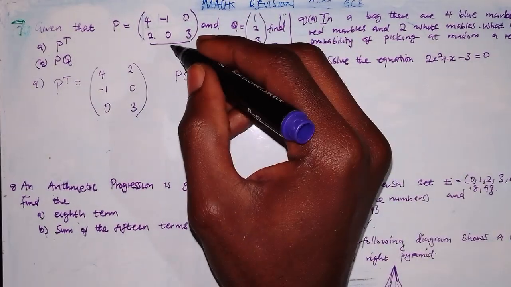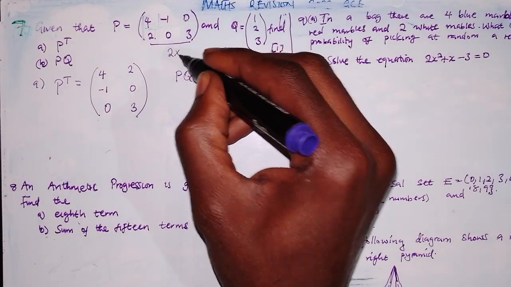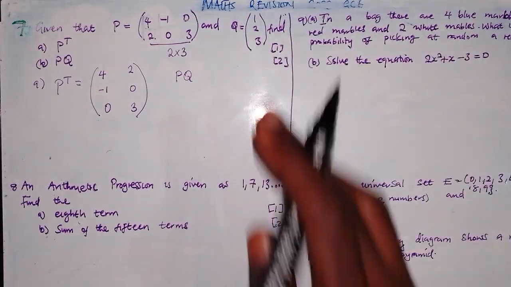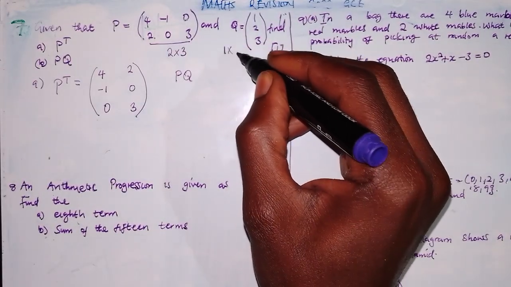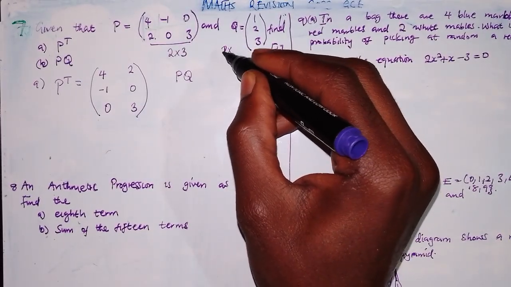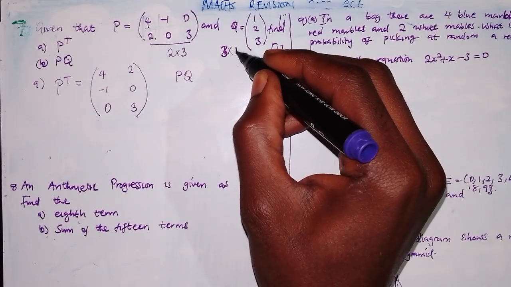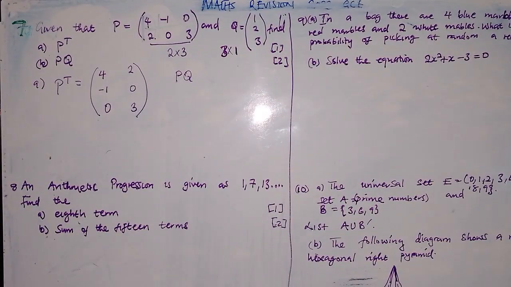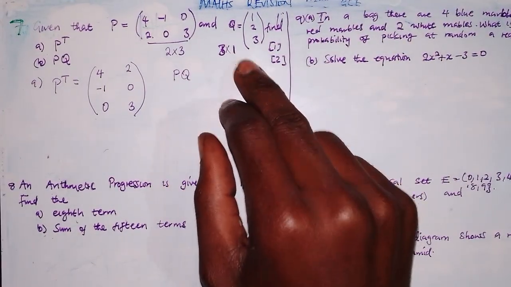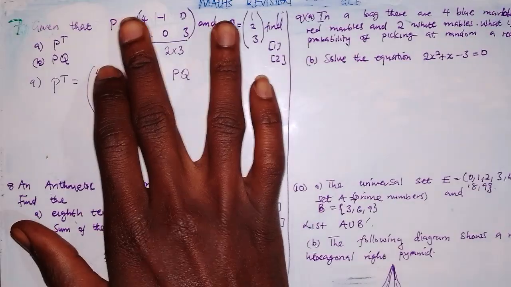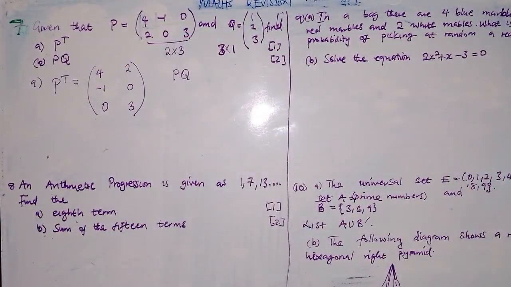This matrix is a 2 by 3 matrix. Then this matrix is a 3 by 1 matrix. It has 3 rows and 1 column.